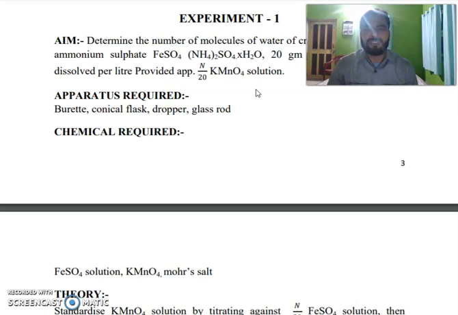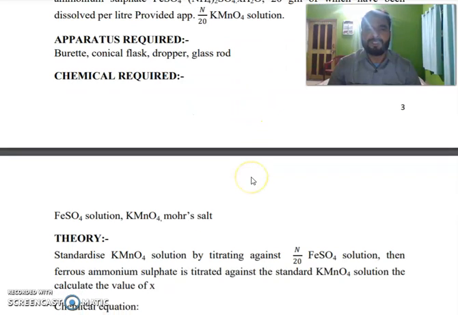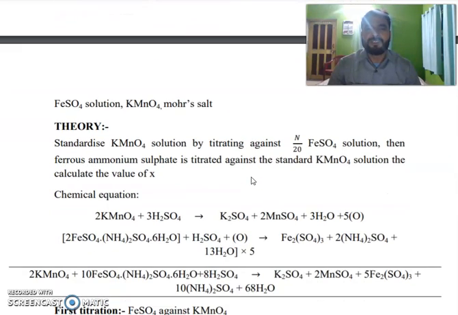For that experiment, you need burette, conical flask, dropper, glass rod. The chemicals required are ferrous sulfate solution, potassium permanganate KMnO4, and mohr's salt.